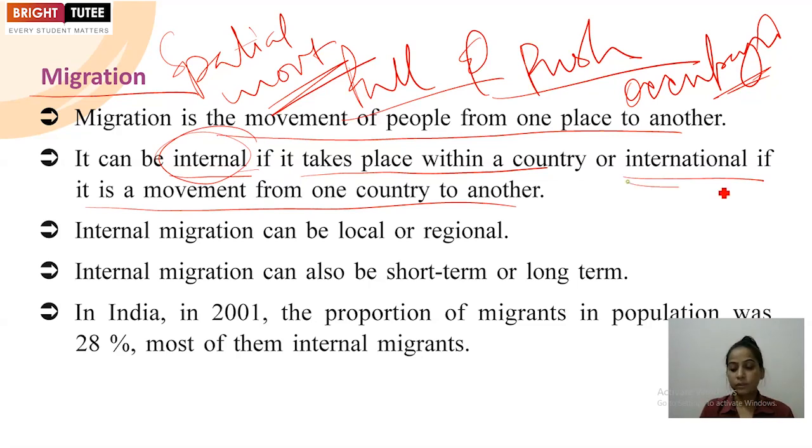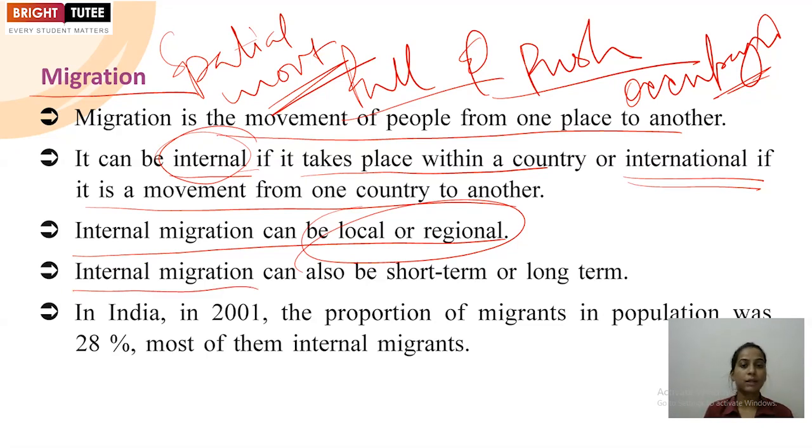We were talking about international migration. So that also we have understood, that while the movement is from one particular country to another country, this international migration is not that significant in the case of India. Internal migration can be local or regional. Clear? That can be related to one particular area to another area, or one particular region or state to another.